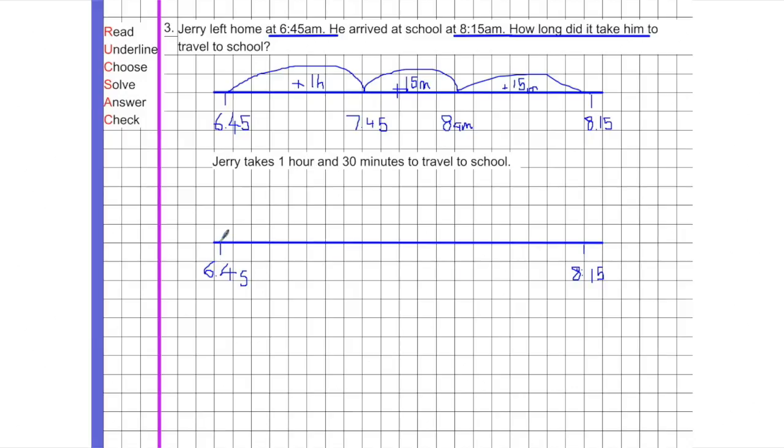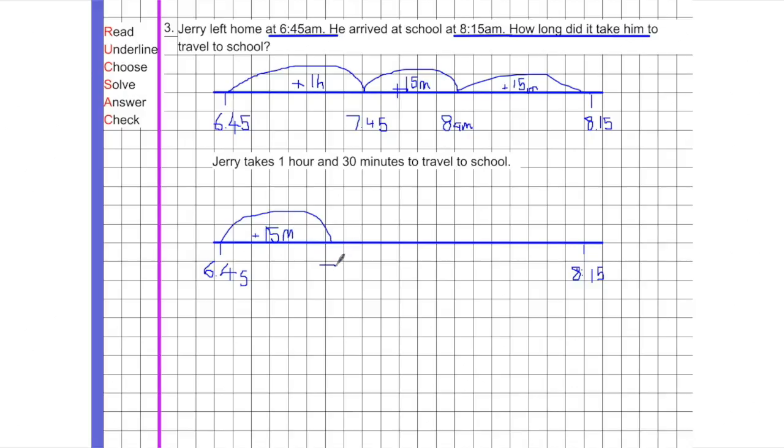Now, you can use your knowledge of bridging to the nearest hour straight away. So you can say 6:45, well, I know that in 15 minutes it's going to be, what time?